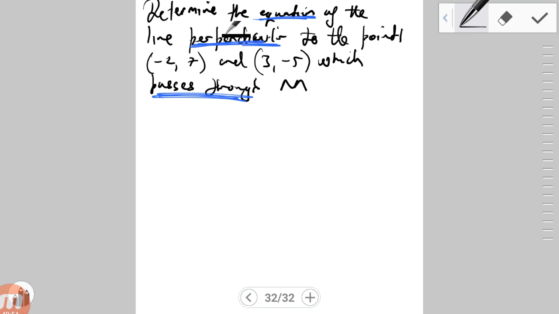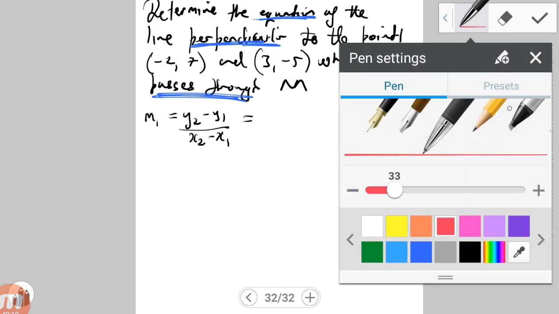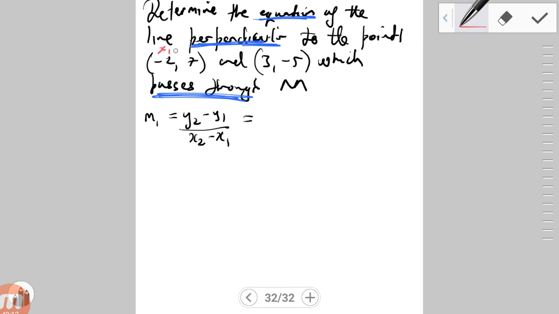So naturally here it says perpendicular. With the word perpendicular, that implies that we need to find the gradient. So that's m1 is equal to y2 minus y1 over x2 minus x1. Let's label our points as usual, x1 y1 x2 y2.